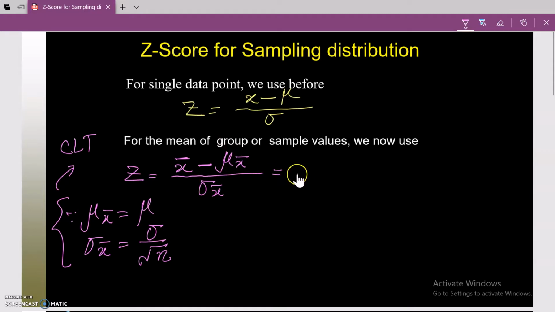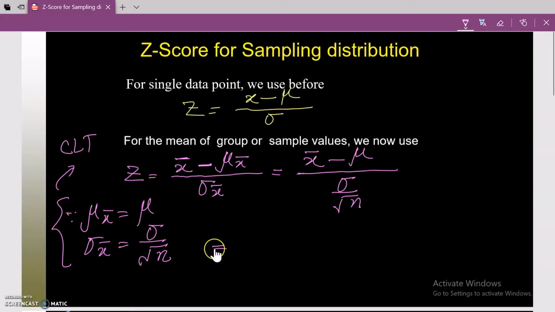So what I'm going to do now is replace these values. There's no change in x bar, minus, in place of the mean of the sample mean, which is equal to the population mean, I'm going to put mu here, and the whole thing divided by, in place of sigma x bar, I'm going to put this relation: sigma divided by the square root of the sample size.